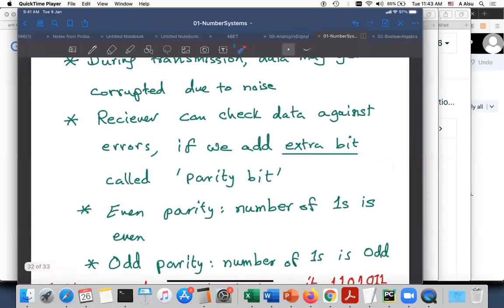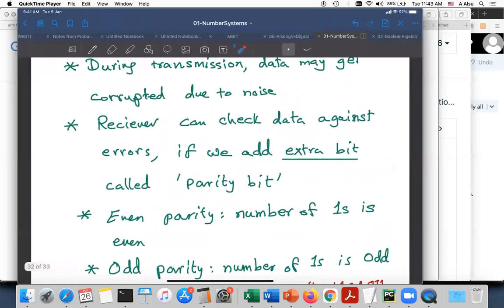In even parity, we add the parity bit so that the number of ones is even. And in an odd parity system, we add the parity bit such that the total number of ones is odd. We don't care about the number of zeros. We care only about the number of ones.